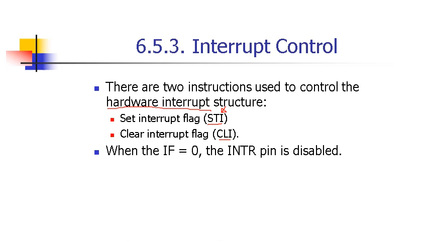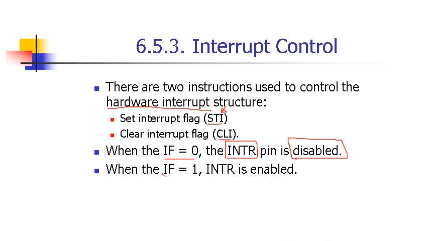So whenever your interrupt flag bit is 0, your INTR, this is the hardware interrupt instruction, is disabled. So no hardware interrupt service routine is to be served. If you need an interrupt service routine to be served, your peripheral should set the interrupt flag bit to 1, then your interrupt instruction is enabled.